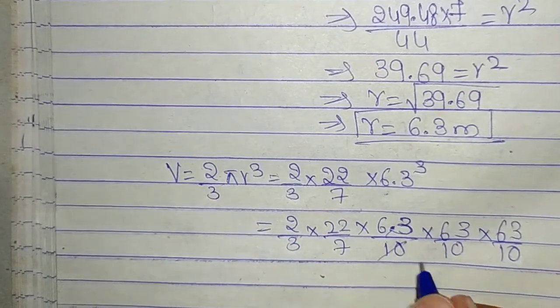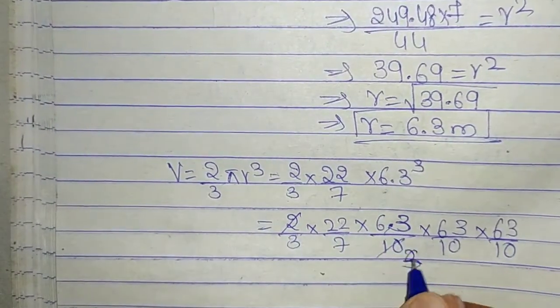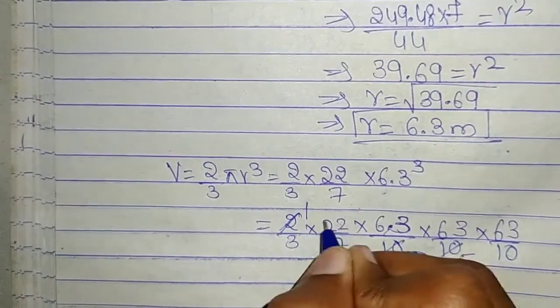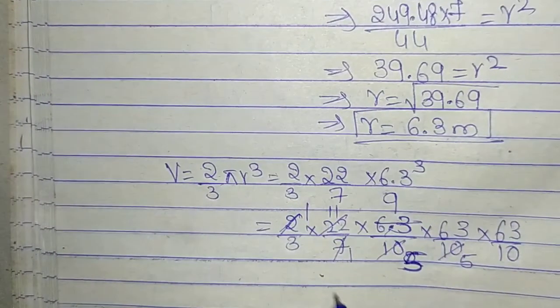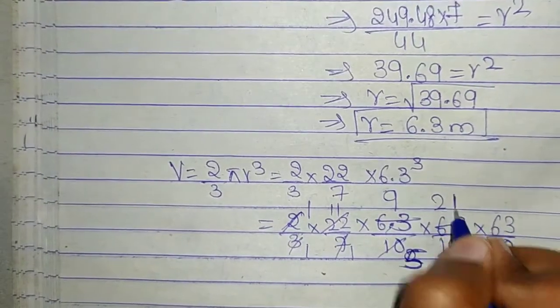So 2 5s are 10, 2 1s are 2, 5s are 5, 2 11s are 22, 7 ones are 7, 7 nines are 63, and 3 ones are 21.